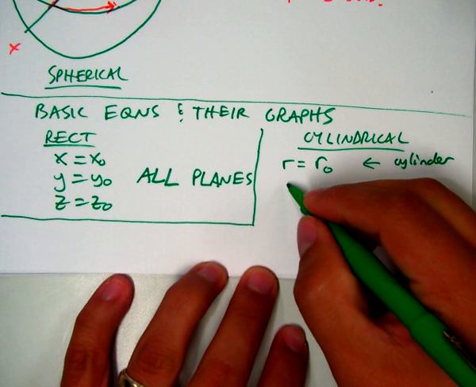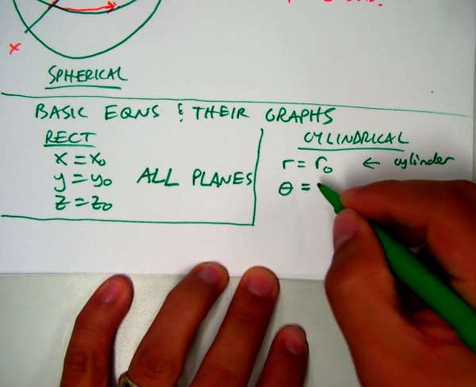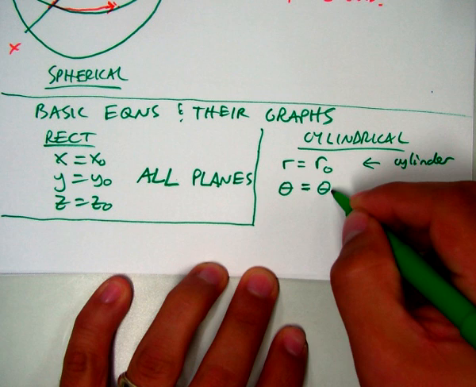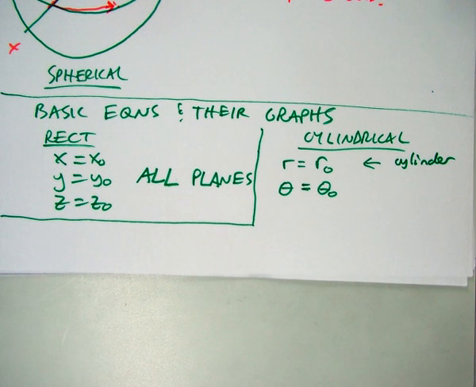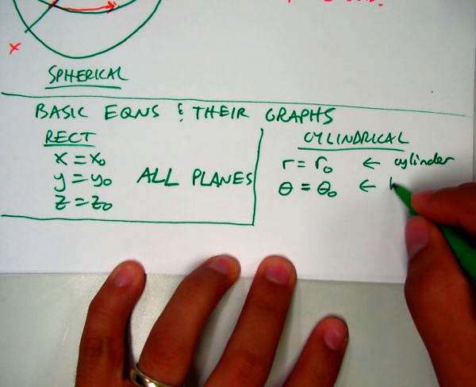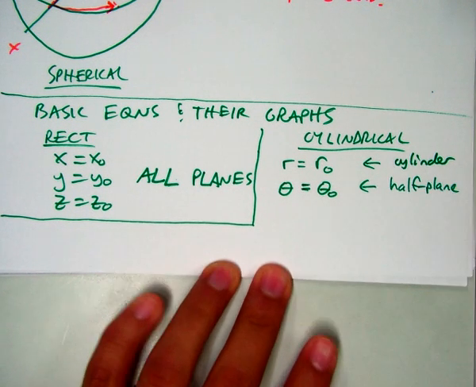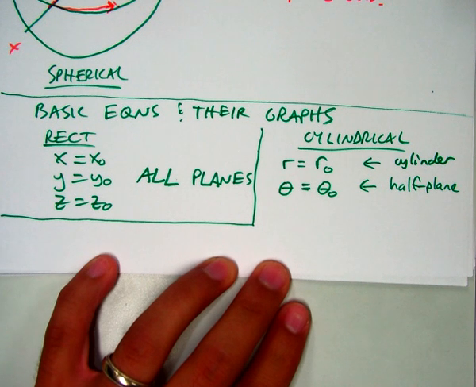Okay. Now theta equals, let's say, some constant. It's a plane. In fact, this is going to seem a little strange, but we're going to call it a half plane, which I know makes no sense because planes extend indefinitely, but I think you'll understand.